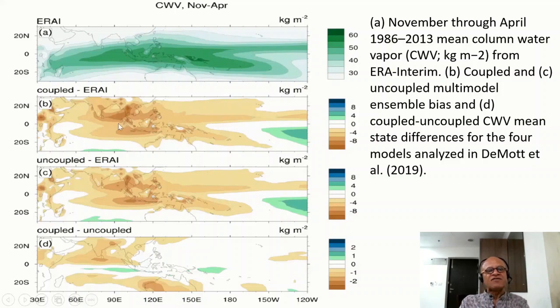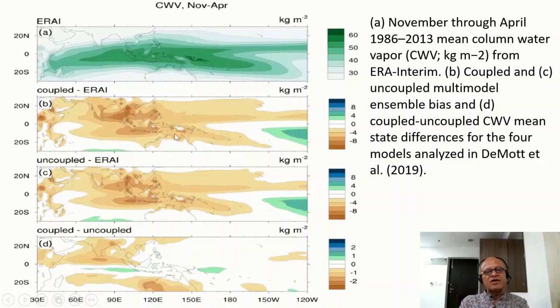And this is the difference between coupled GCMs, four models were analyzed, minus observations, so you can see that the models have biases in zonal and meridional gradients, which are very critical for propagation of MJOs, especially across the maritime continent, and whether they get detoured here and so on, and they have interactions with the background Australian monsoon, etc.